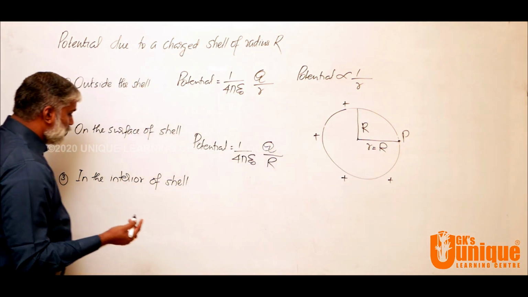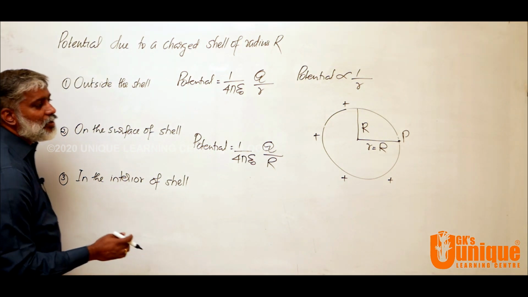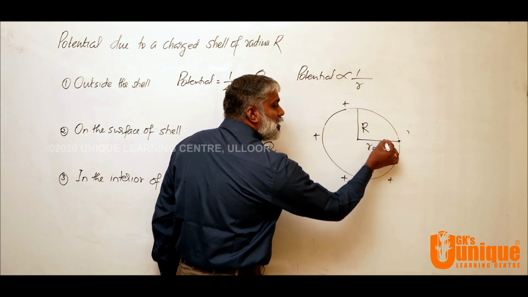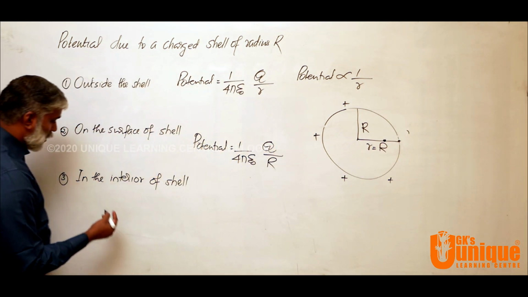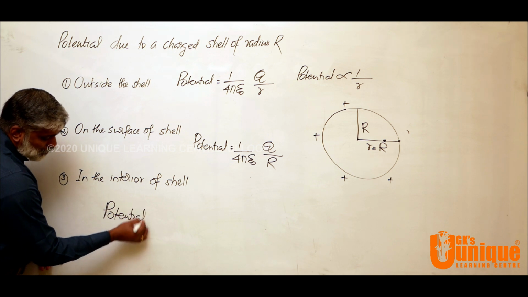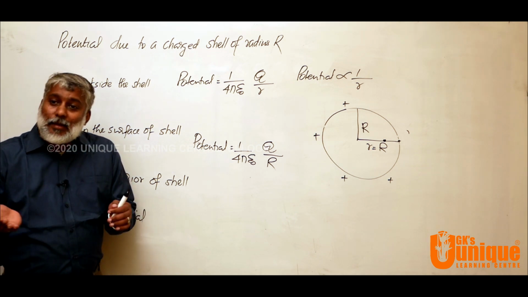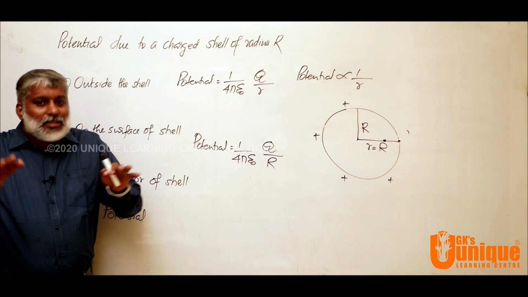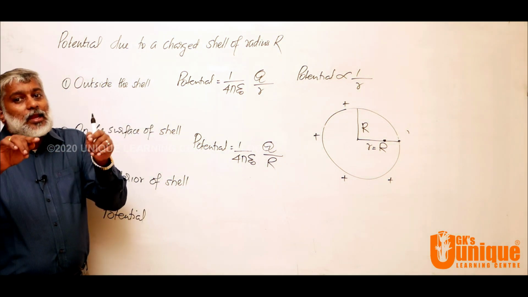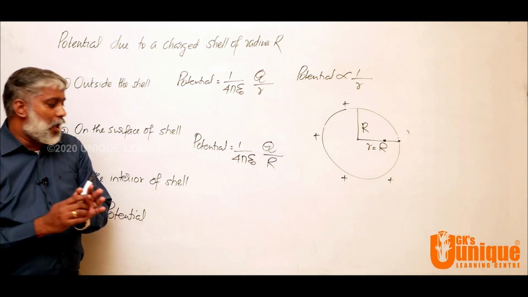Then, what is the potential in the interior? You take a point in the interior. Always keep in mind, potential at any point in the interior has the same value as on the surface.